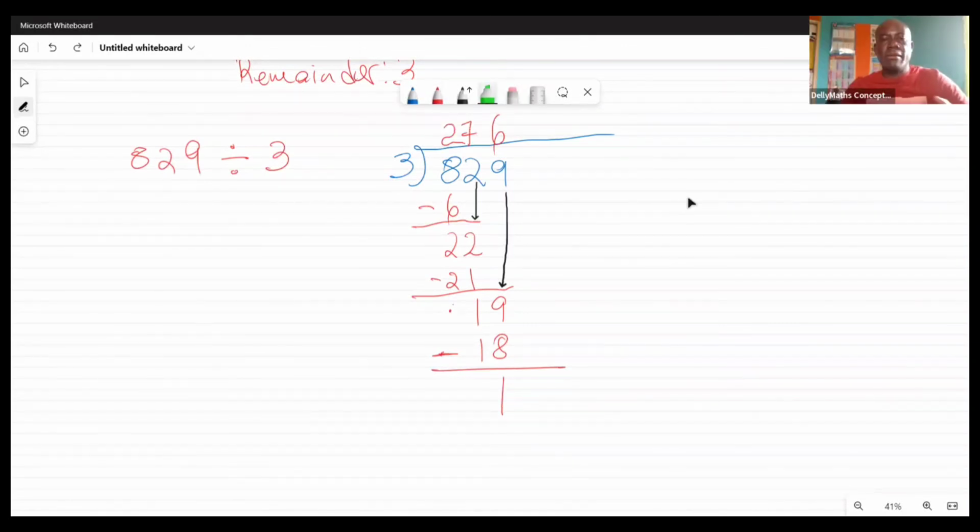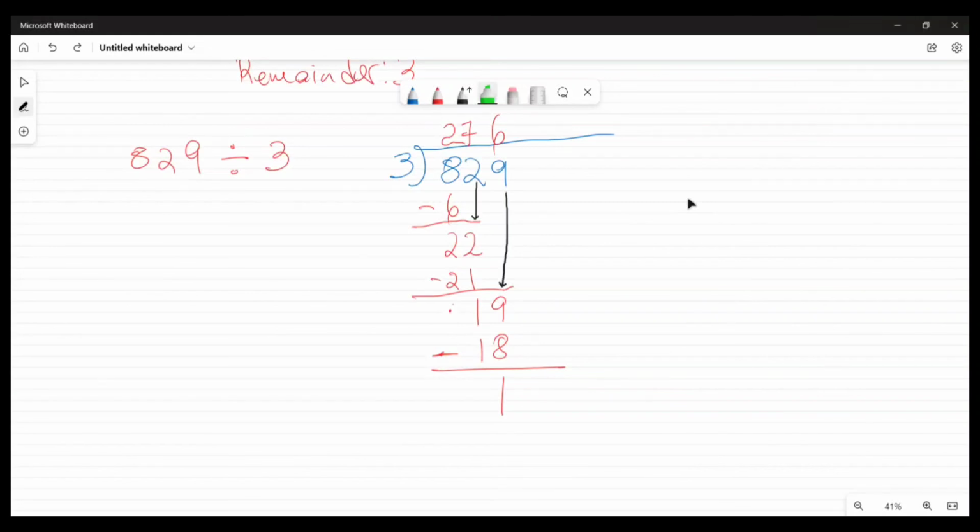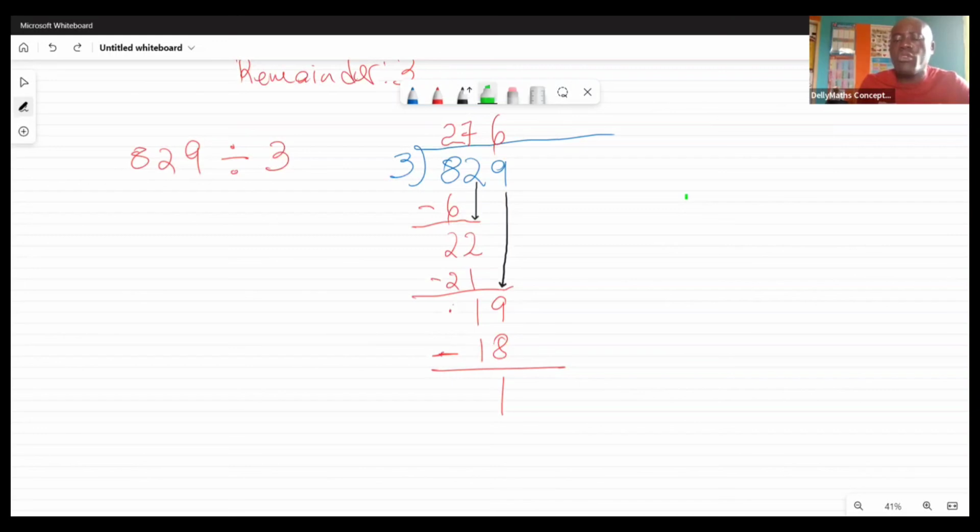And so 3 into 829 goes how many times? 276 times. And how much remainder? One remainder. Very good. And if I should say to the class, what is the quotient?